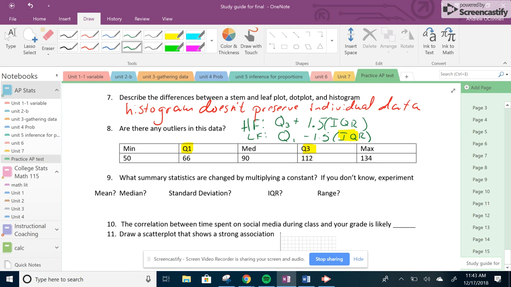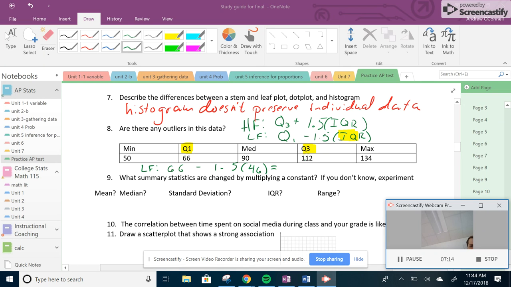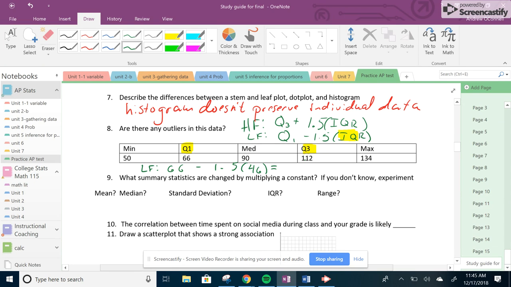So if we set this up, for the low fence, what's Q1? 66 minus 1.5 times 46 is -3.